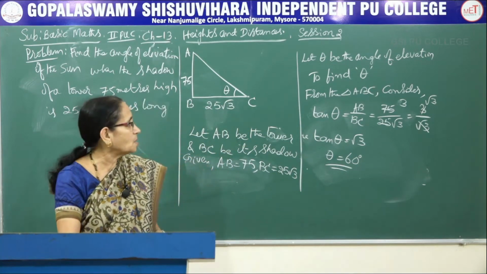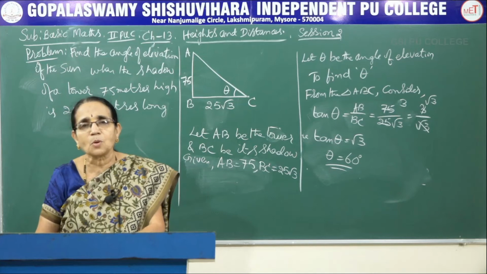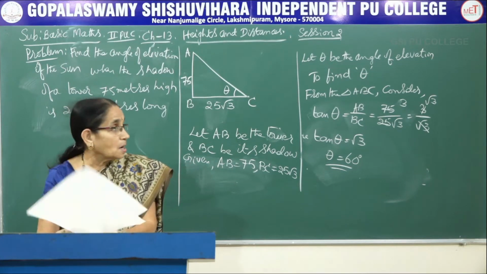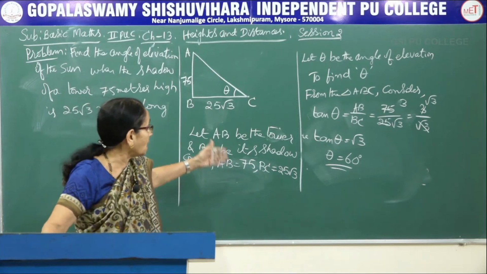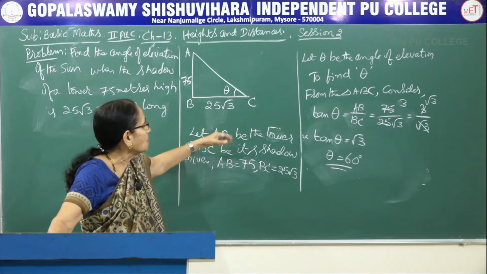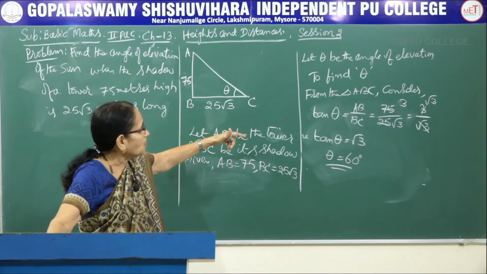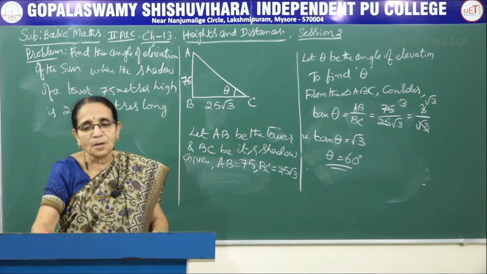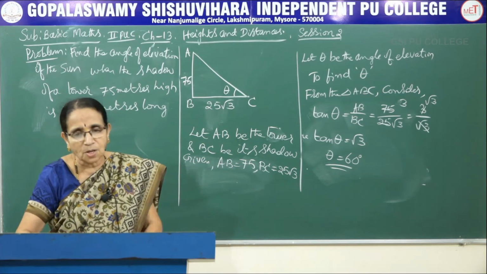In the previous problem, we took the height of the pole h and the shadow as h by root 3 because that was the condition given. The angle of elevation in the previous problem was 60 degrees, and here also the angle of elevation is equal to 60 degrees.